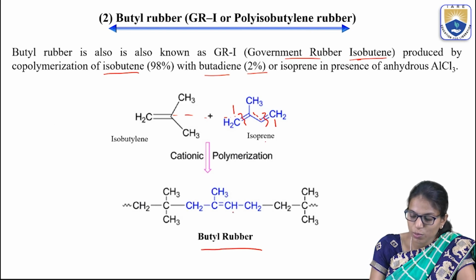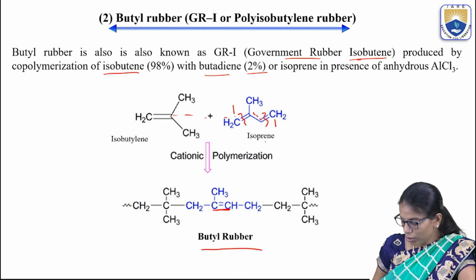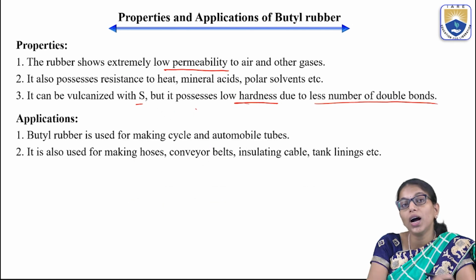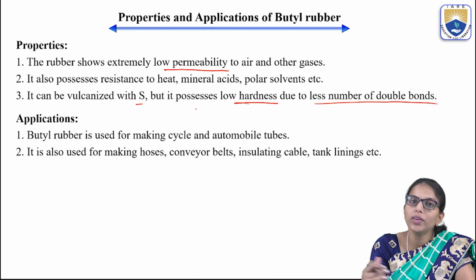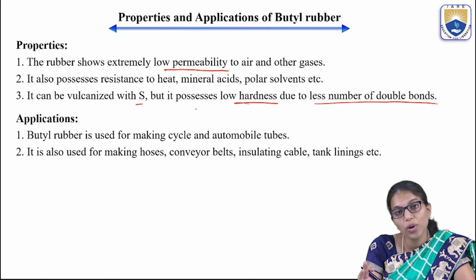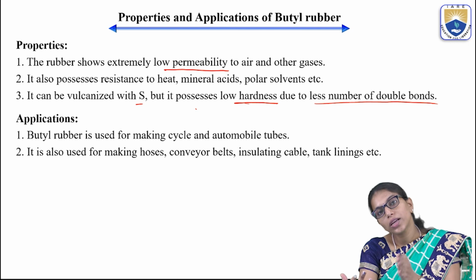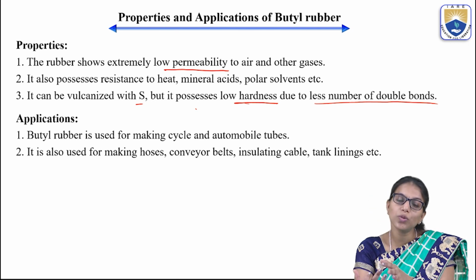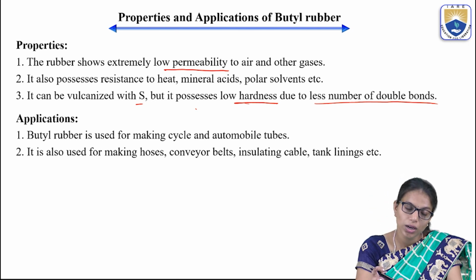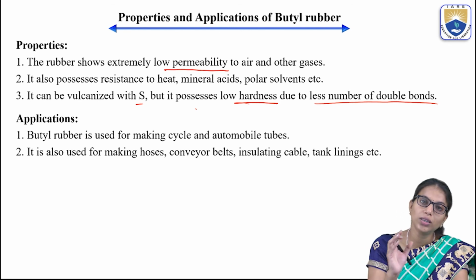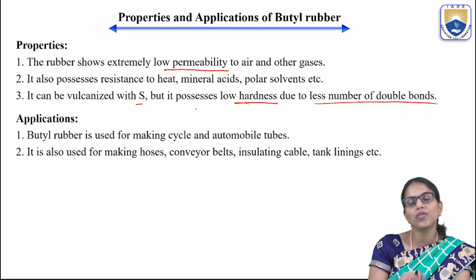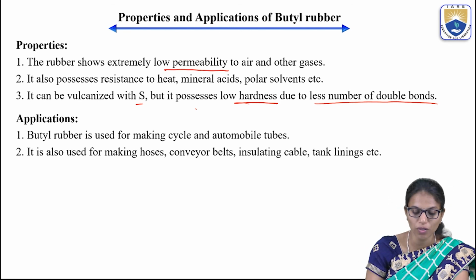If we look at this picture, here is only one double bond, while in other types of polymer the double bonding will be more. Whenever the double bonding is more, after vulcanization the cross-linking will be more, because the cross-linking position is the double bond, between the double bond of one layer of rubber and another layer of rubber.